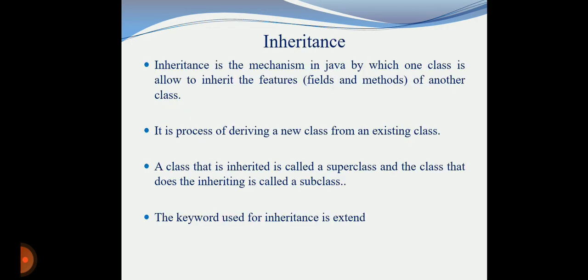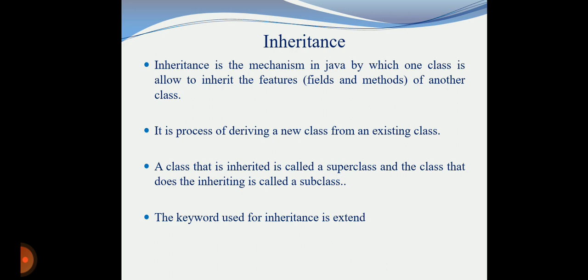Next, we have to know about inheritance. Inheritance is a mechanism in which one class is allowed to inherit the features of another class. It is a process of deriving a new class from the existing class.